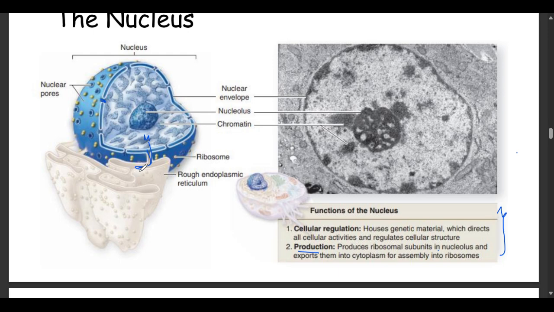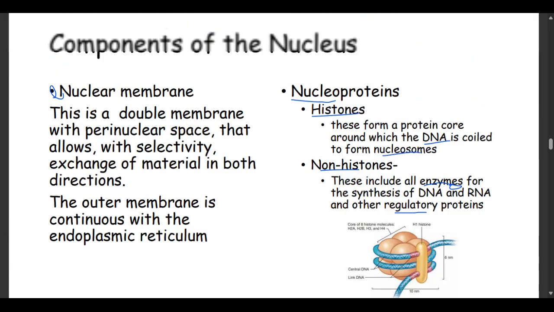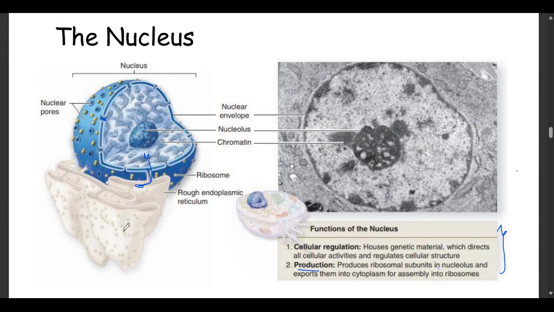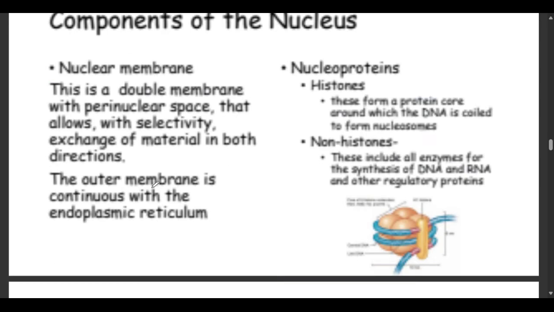They're going to work on that information in the mRNA and form a protein that is going to be folded here, and it's going to be processed later in the Golgi apparatus. That's basically what's happening. So the outer membrane is continuous with the endoplasmic reticulum. That's what we are trying to show here.